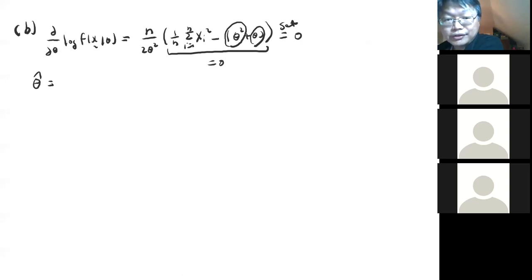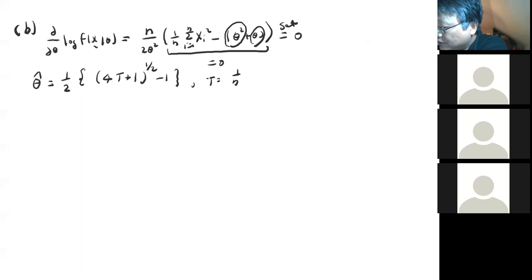You know how to do it. But it means that eventually there's one theta, which basically is the square root of 4t plus 1, minus 1. So t here is exactly 1 over summation i from 1 to n of xi squared.